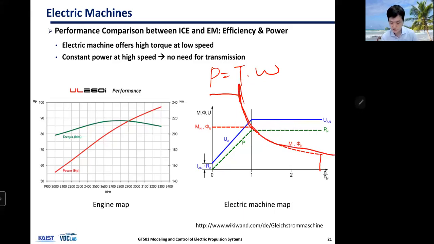Energy conservation law. So if you amplify torque, then the maximum speed will reduce. Or if you increase maximum speed of the motor, then your maximum torque will drop. Okay, so that's what's going to happen if you apply transmission for electric machines.